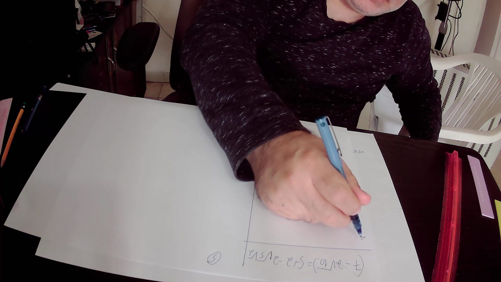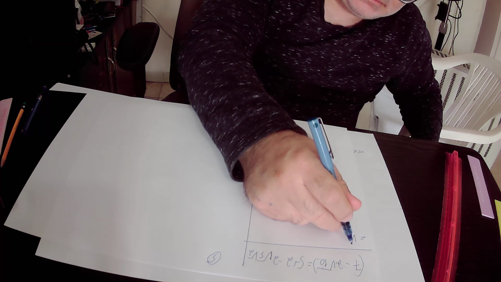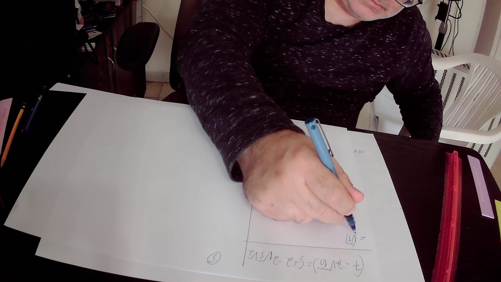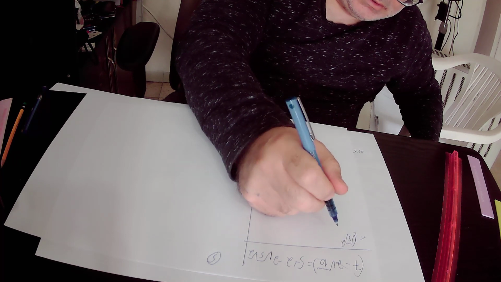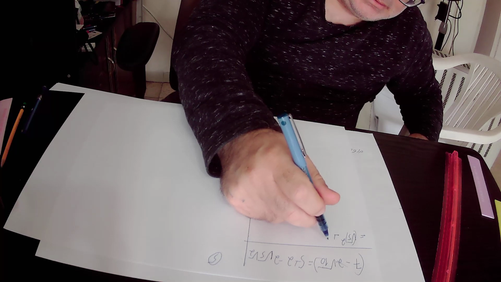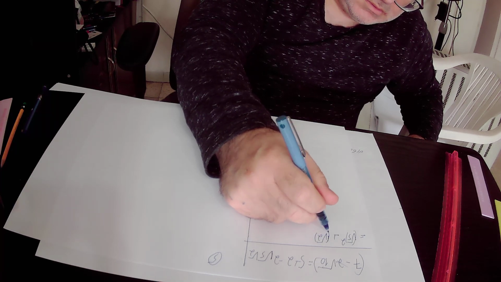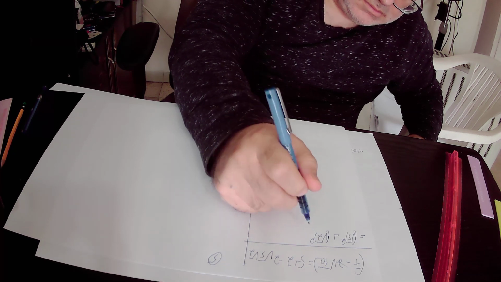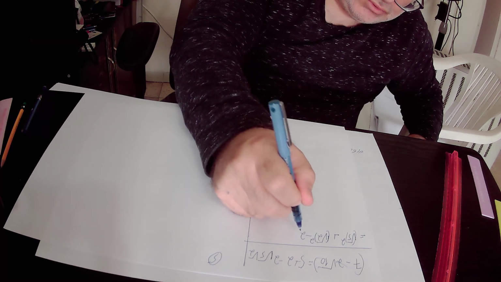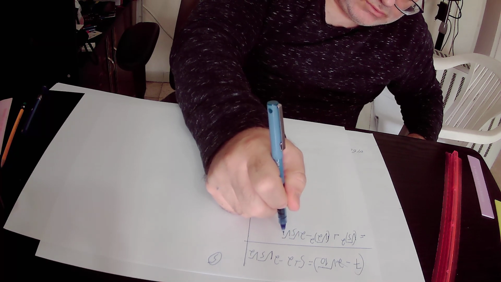Five is equal to square root of 5 squared, and 2 is equal to square root of 2 squared, minus 2 times square root of 5 times square root of 2.